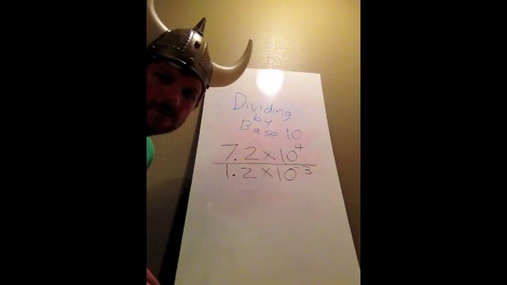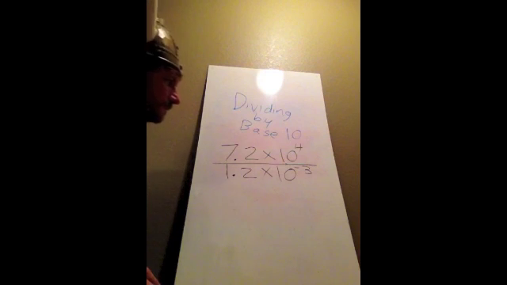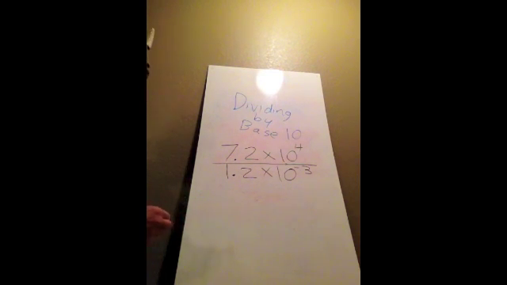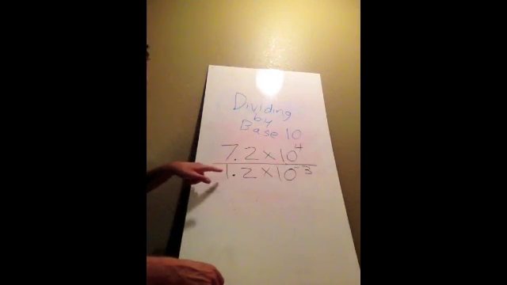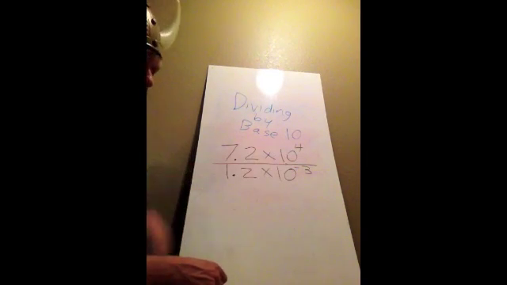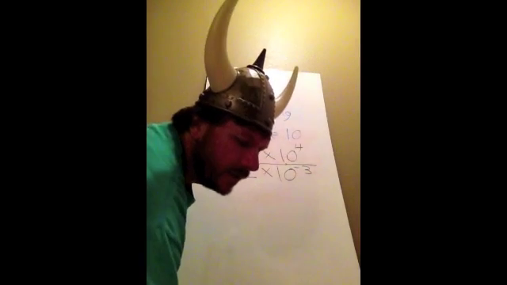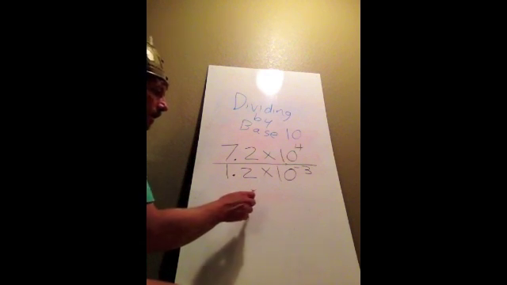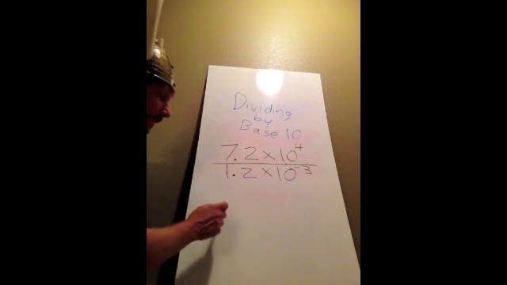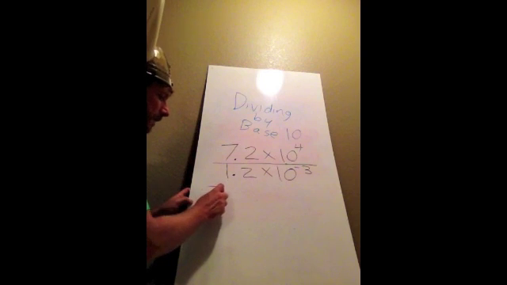All right. We're going to try dividing by base 10 now. So what I have is 7.2 times 10 to the 4th and 1.2 times 10 to the negative 3. We're going to break this up into some different problems here, okay? First of all, we're going to separate this out.